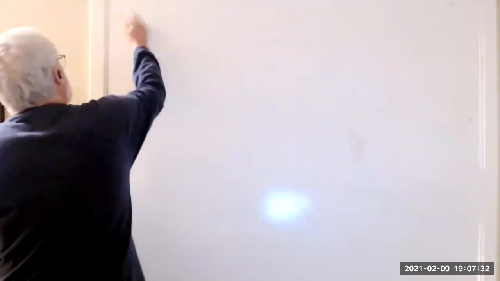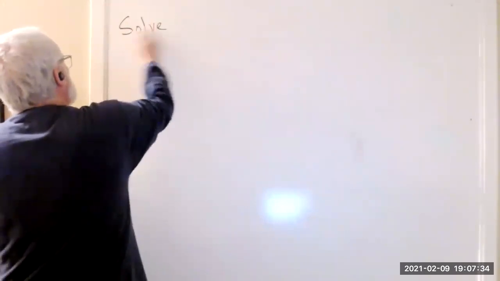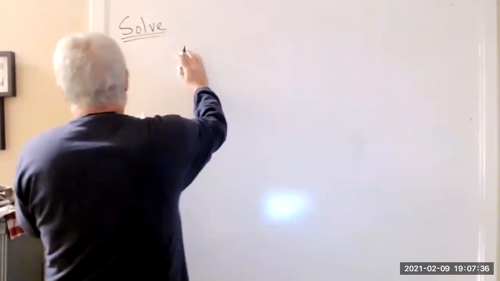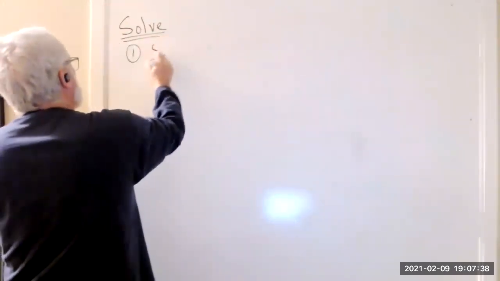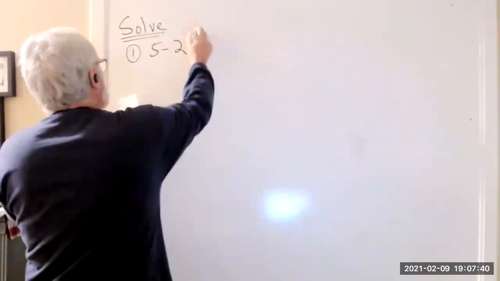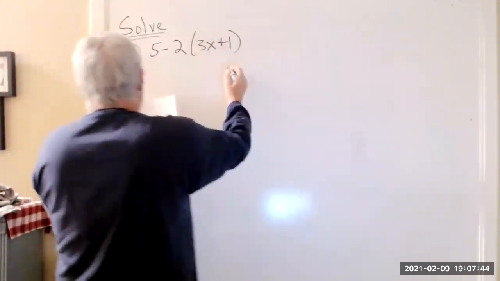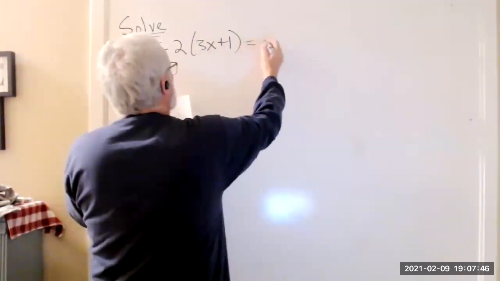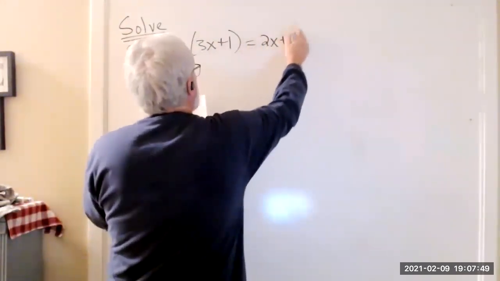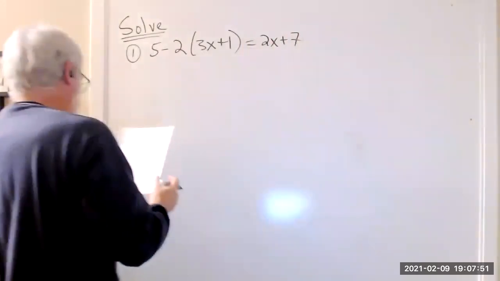These are all going to be solved. Number 1, 5 minus 2 parentheses 3x plus 1 close parentheses equals 2x plus 7.